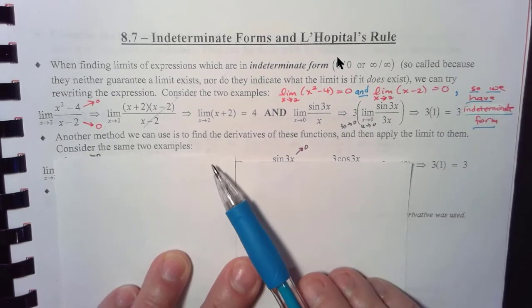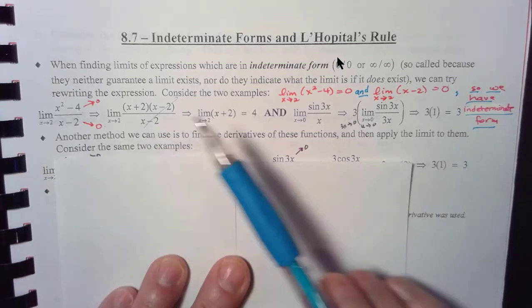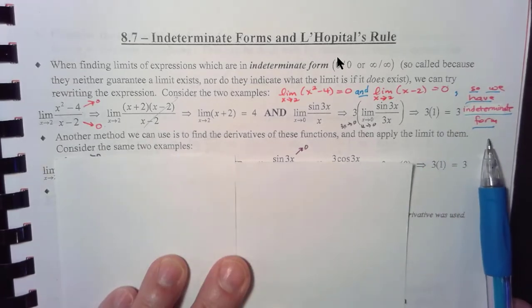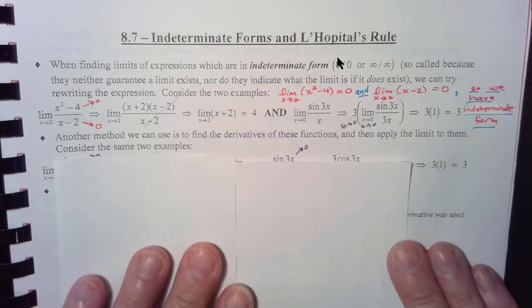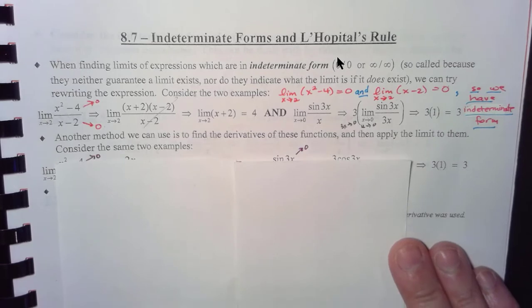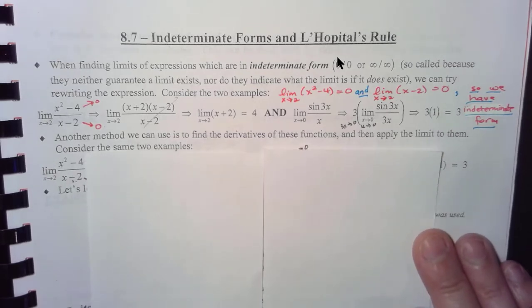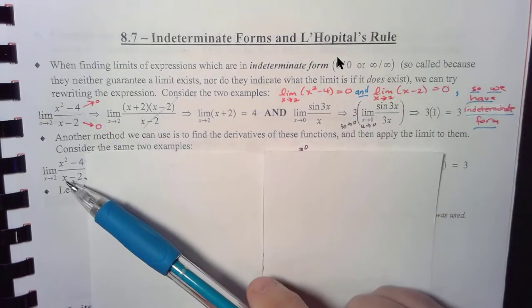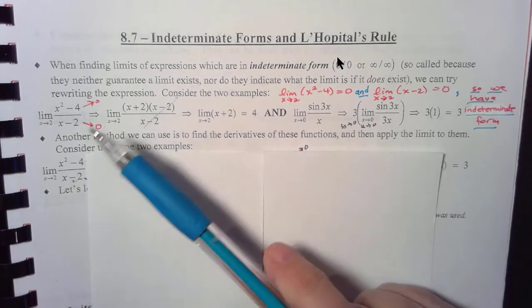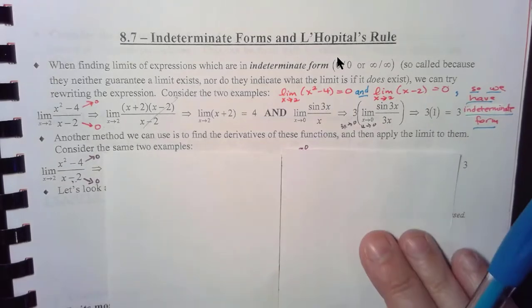But there is another method we can use to evaluate the limit of a function that is in indeterminate form. And that process is to find the derivatives of each of those functions and then apply the limit to those derivatives. So if we look at the first example again, we know that this is going to go to 0 and this is going to go to 0.